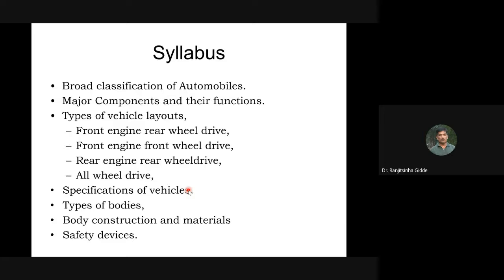What does it indicate? That indicates how much HP that engine is going to deliver. Around 59 HP the engine is able to deliver, so that we will have additional torque to perform the tasks.